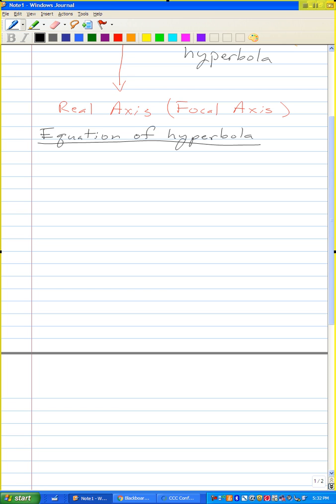Let me first suppose that the hyperbola is such that, relative to some coordinate axes, the center is at the origin.